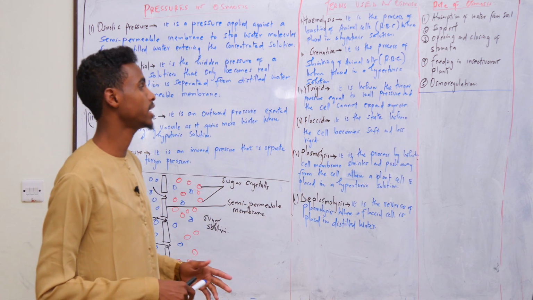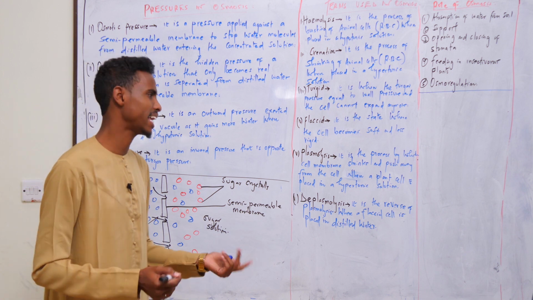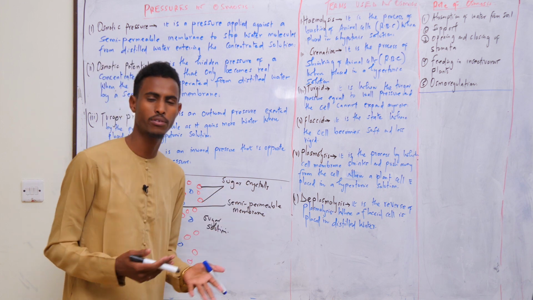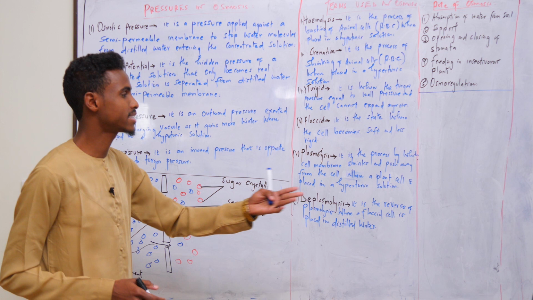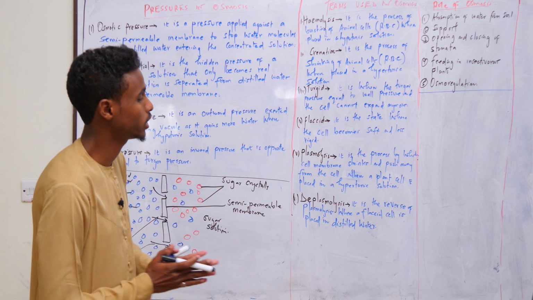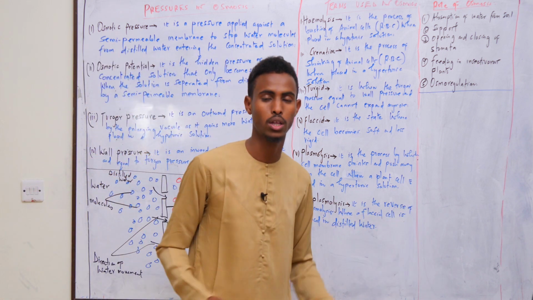It basically represents the cell membrane. And therefore, you just analyze where water will move from and into, and you can give an observation as to whether the Visking tubing will expand or shrink, depending on the movement of water from where to where.